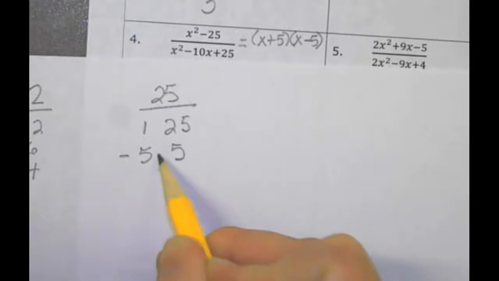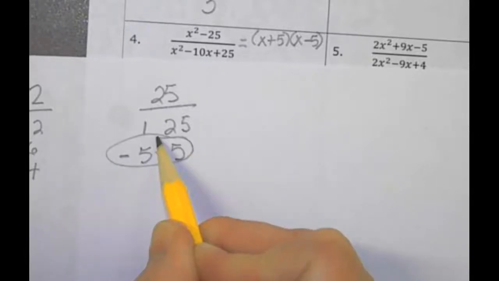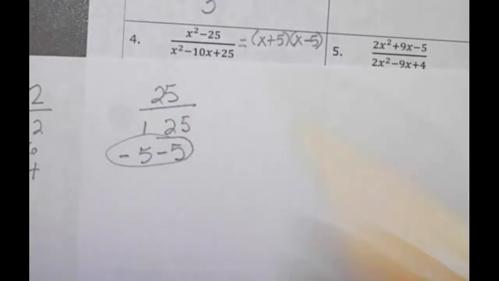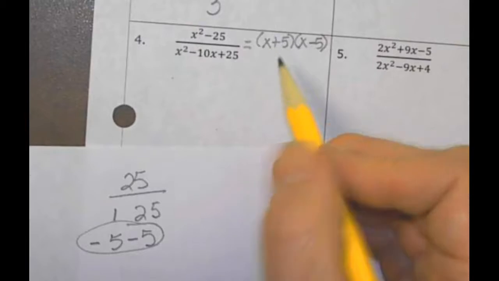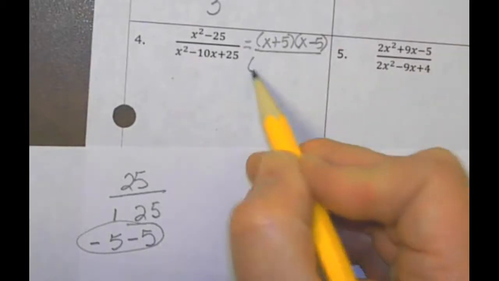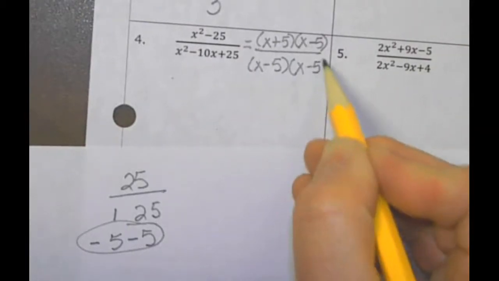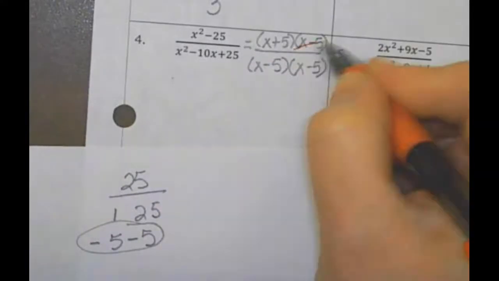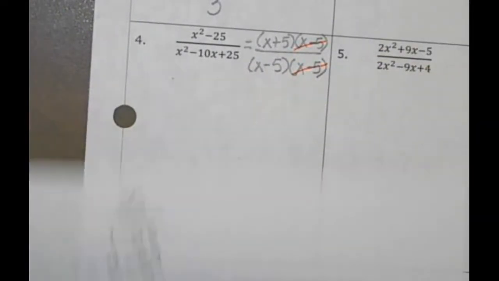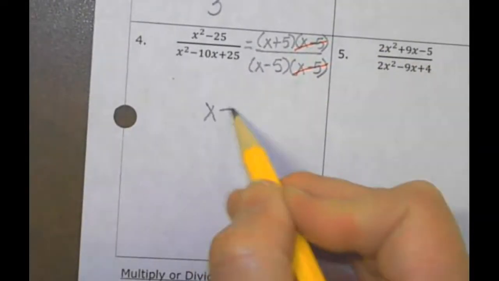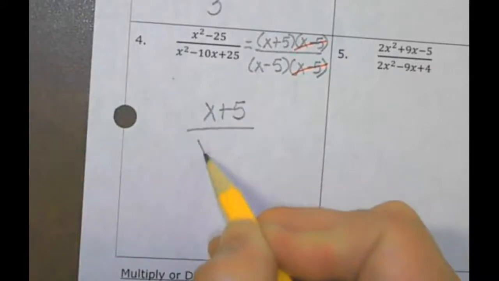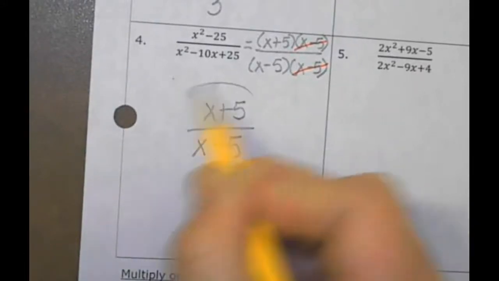If the signs are like this, that adds up to equal a negative 5. So this is going to be x minus 5, x minus 5. This cancels that. The final answer is x plus 5 over x minus 5.